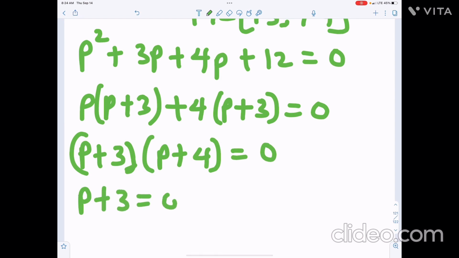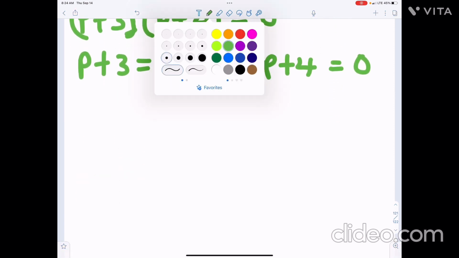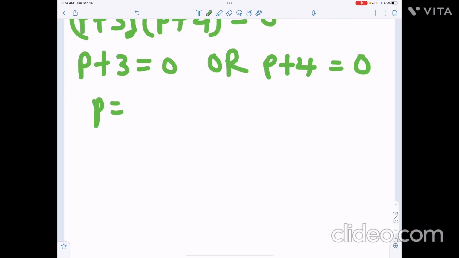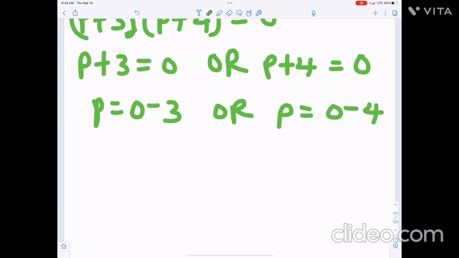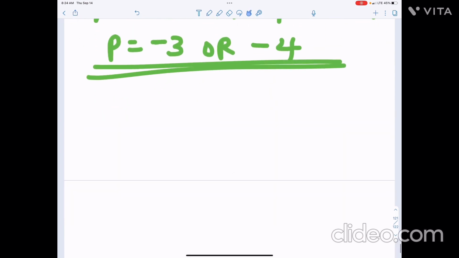So p plus 3 is equal to 0, or p plus 4 is equal to 0. P is equal to 0 minus 3, or p is 0 minus 4. P is minus 3 or minus 4. Take note of that. Okay, that was number 8.